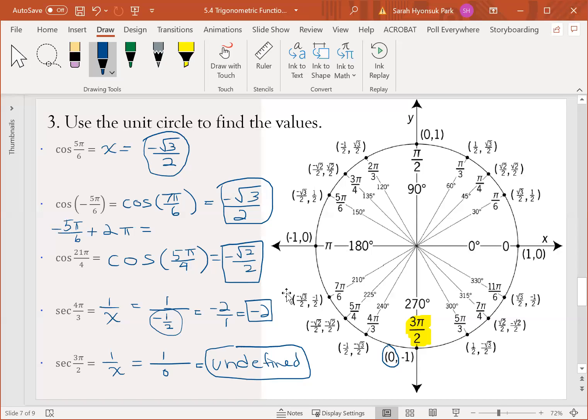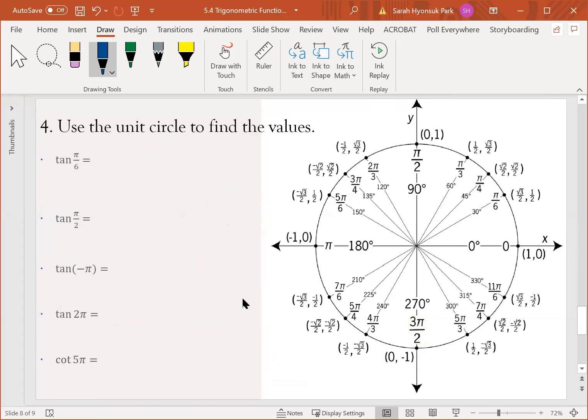Okay, going back, we just got 3. So let's look at 4. I'm focusing on the tangent and cotangent. So tangent is y over x. So whatever you get for the y, you're going to divide by the x. Tangent of pi over 6 is, there's the angle. And there's my x value, there's my y value. So we're going to take 1/2, divide by √3 over 2.